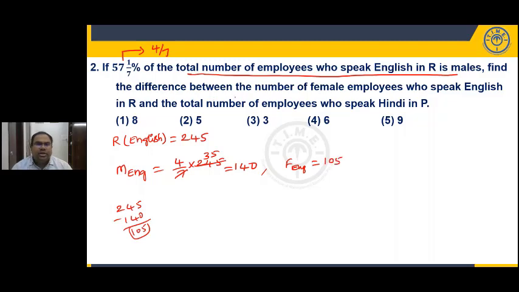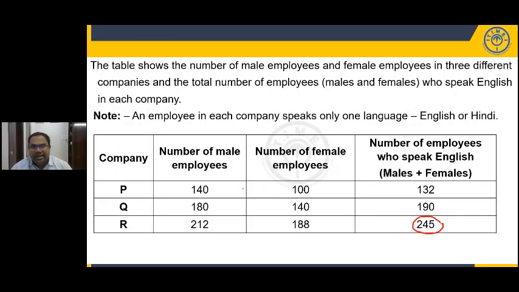So look at the question. Difference between female employees who speak English in R, that is this one, and total number of employees who speak Hindi in P. What are my total employees? 240, males plus females. I told you at the beginning, subtract the people who are speaking English. Out of 240, how many are speaking English? 132.